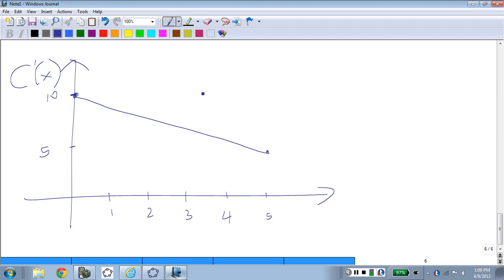Let's go simpler even than that. Suppose it doesn't decrease. Suppose it stays the same. That's our cost. That's our marginal cost.